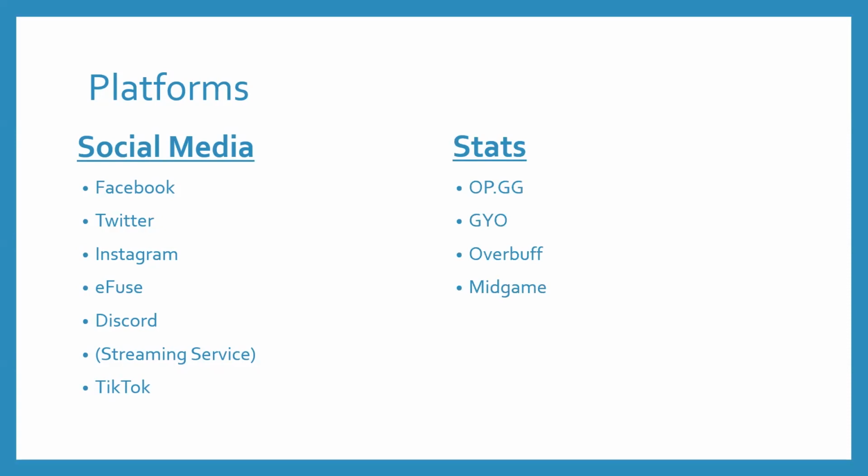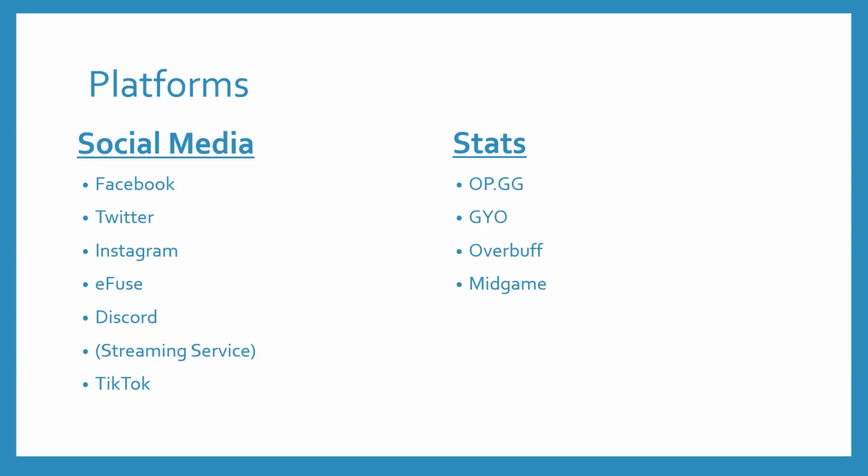That's your online stats portal where you can get information on not only how you're doing, but how other schools are doing, and you can scout and look up strategies and things like that. GYO is very similar, as are the other two platforms on here. So a lot of great content and information is out there in these online platforms.